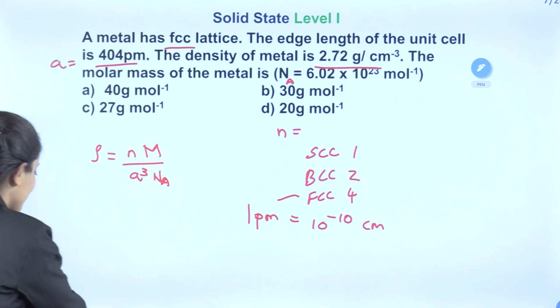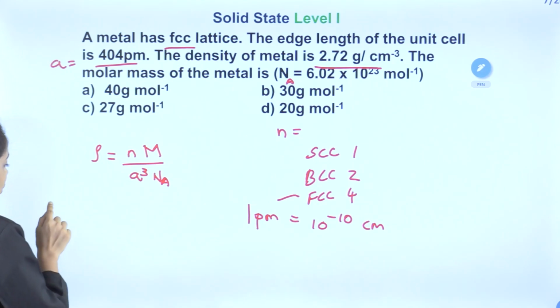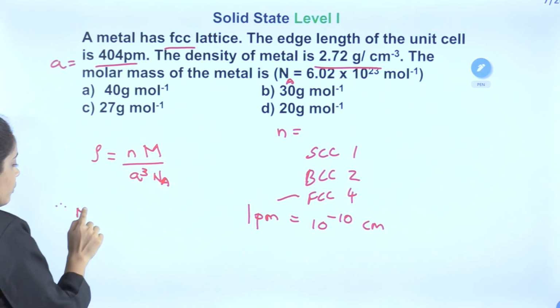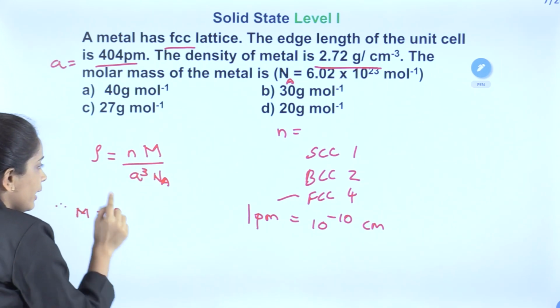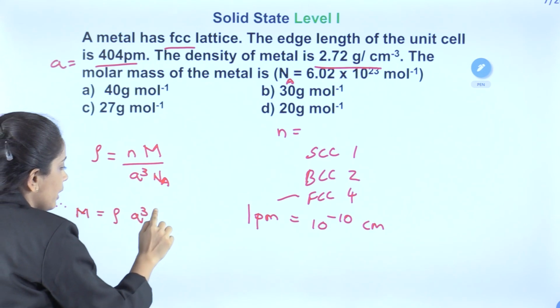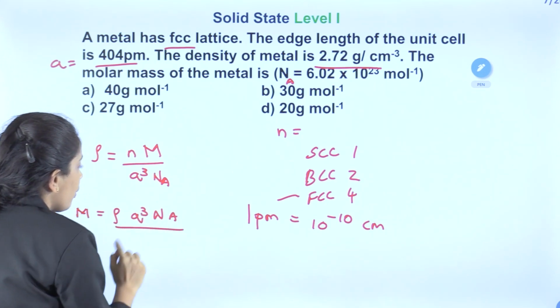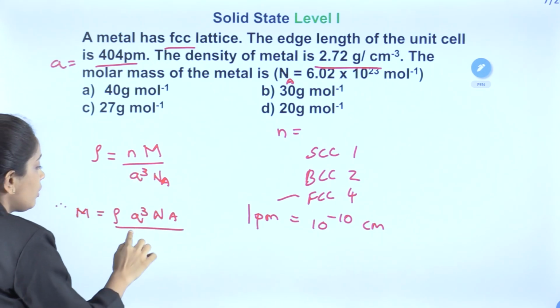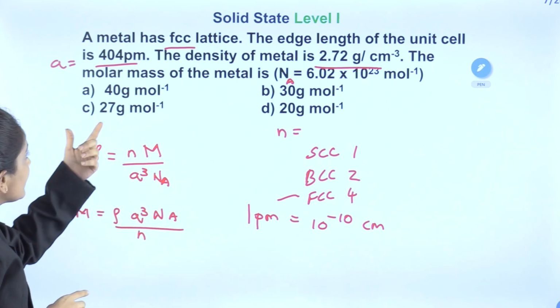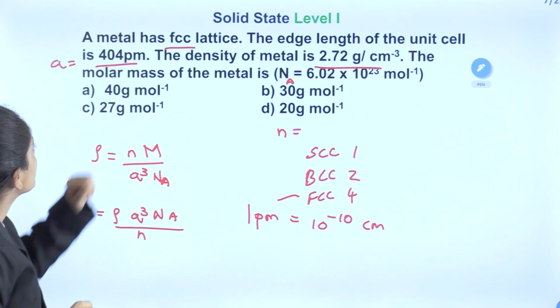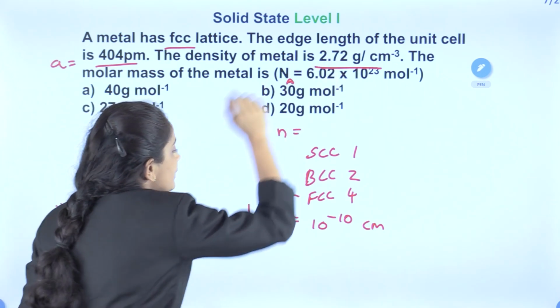As I said, it's a time consuming question. So let's solve. Let's try to understand. So we have molar mass. Shuffle the values. So we have density times a cube times N_A upon n. Yes or no? We have the density value which is given to us, it is 2.72.